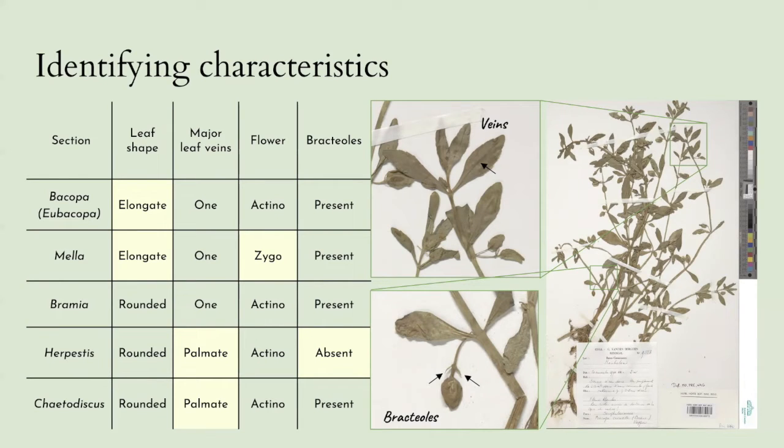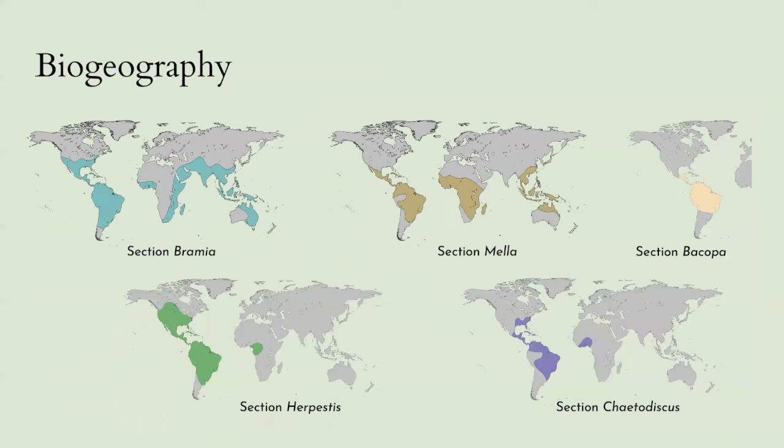So going in, this was a hypothesis for molecular data. We would find species that belong to these sections. Geographically, not a lot of clear signal there either. As I mentioned, you would find the most diversity in northern South America, so Brazil and neighboring countries are quite big in diversity of Bacopa species.